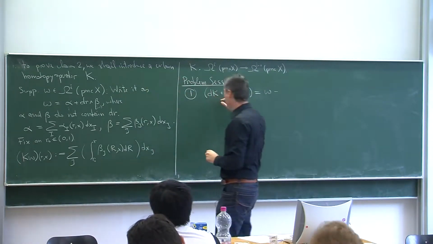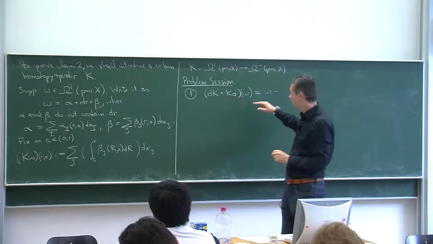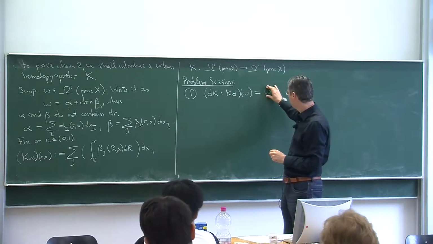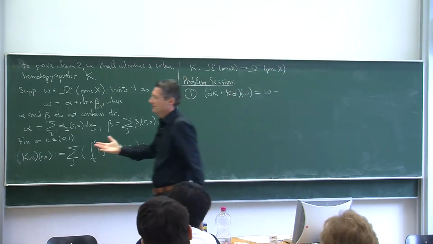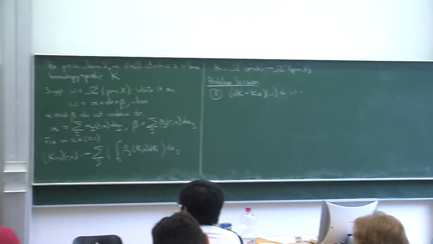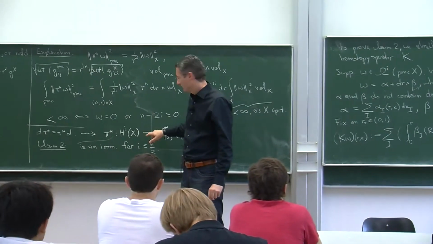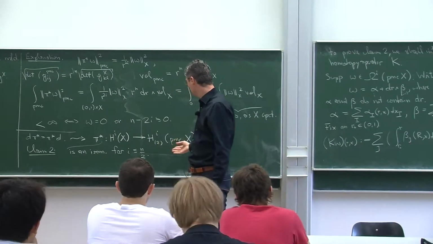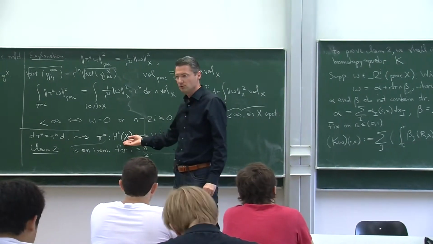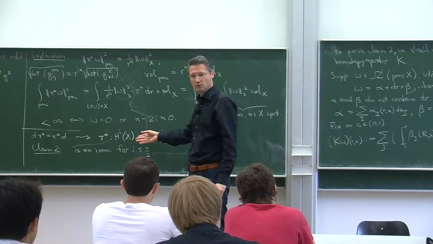It's a homotopy operator between the identity and, of course, something that's supposed to come from here. That's the trick. We want, for example, to show that this is surjective, you need to produce a form here that up to an exact form maps to this.